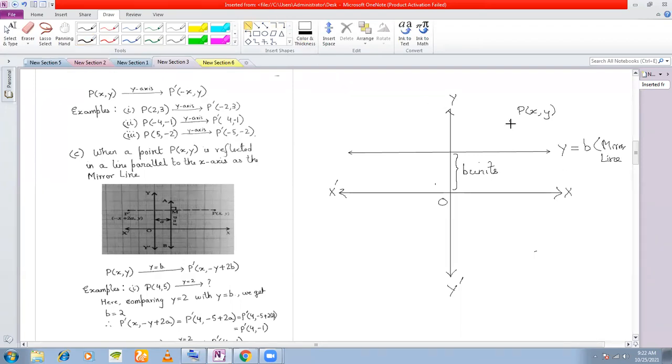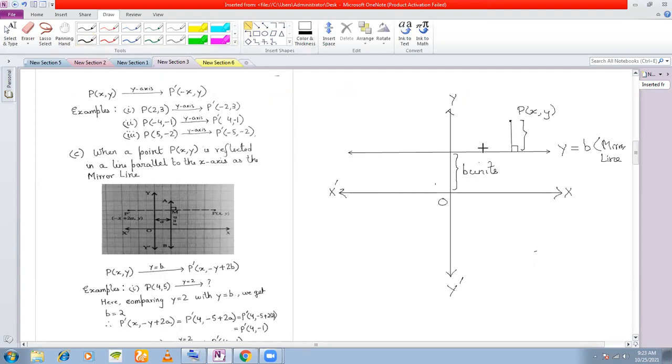Same concept. You will drop a perpendicular on the mirror line, preferably a dotted line. Okay. And what should be this distance here? We'll calculate the distance. But whatever distance, you'll measure that distance.